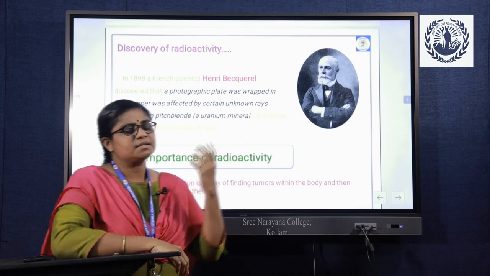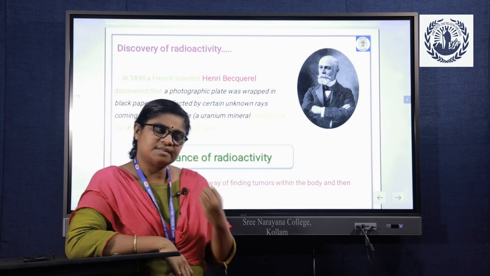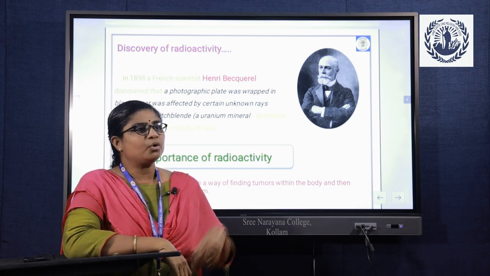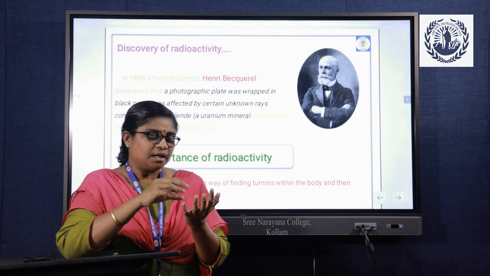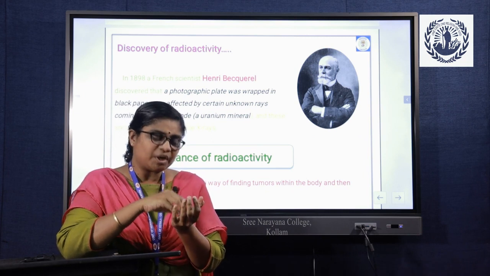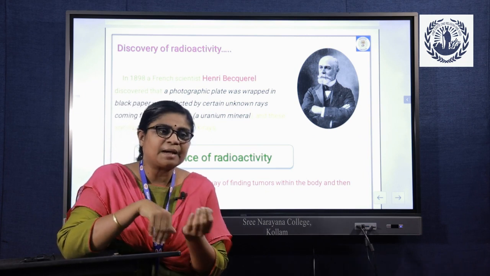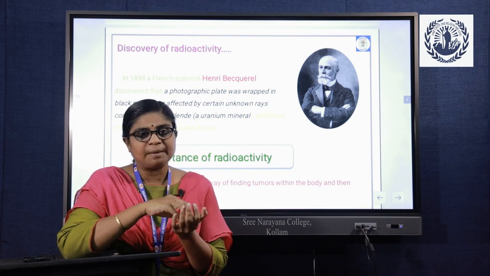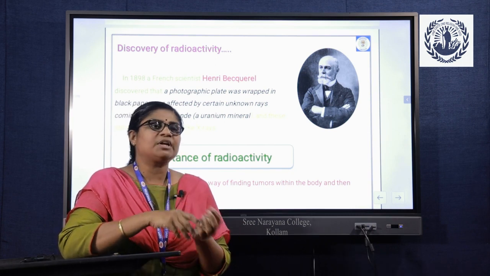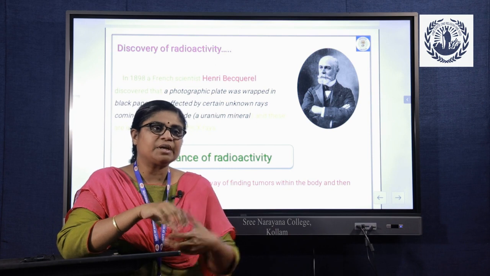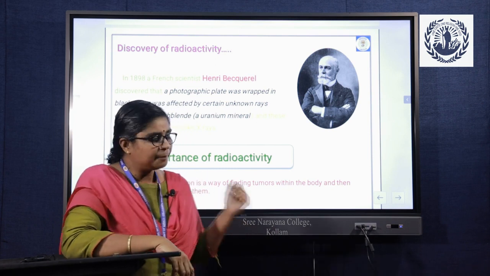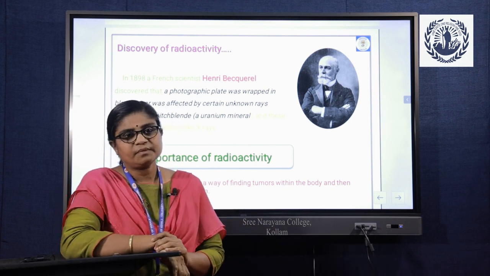After his research work, before going home, he wrapped this uranium in black paper, and for more protection, he wrapped this black paper-wrapped uranium in aluminum foil and kept it inside his drawer.